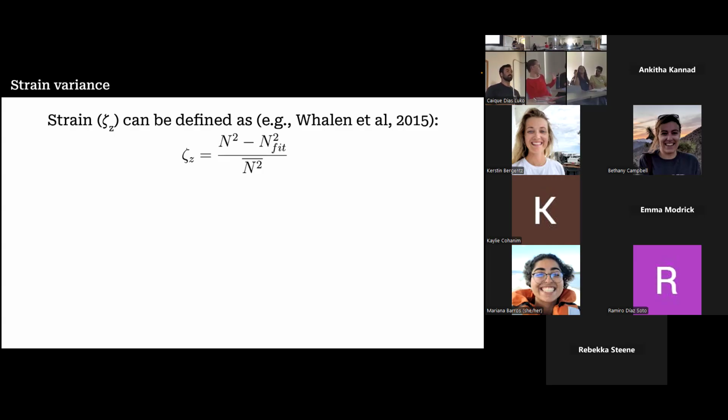But in another scenario, for example a profiling mooring, you could choose your N squared fit to be an average stratification profile. You could do some combination of smoothing or time or spatial averaging to decide how much of the wiggles on top of the profile you are interested in considering. Gotcha. It does vary based on what observations you have.